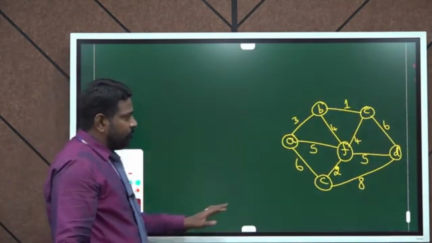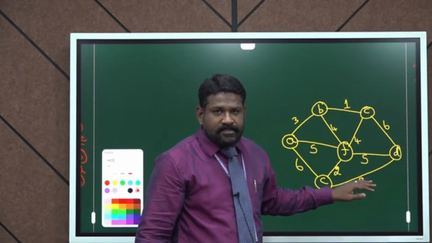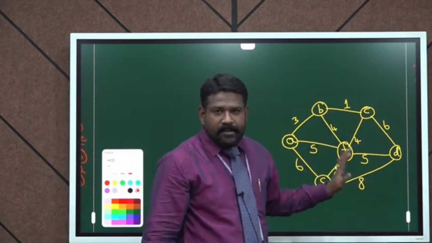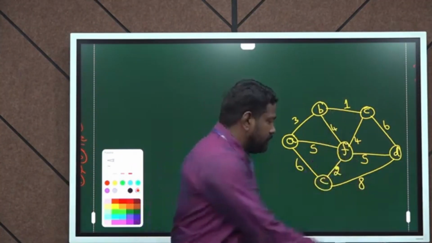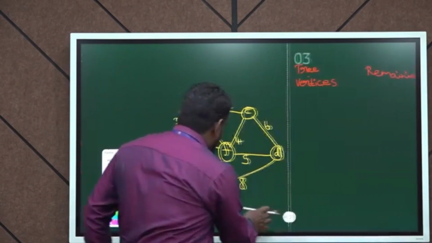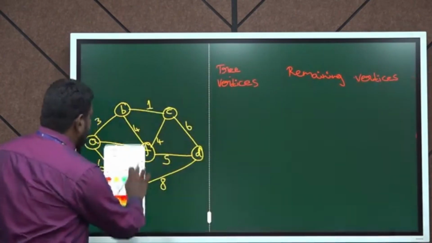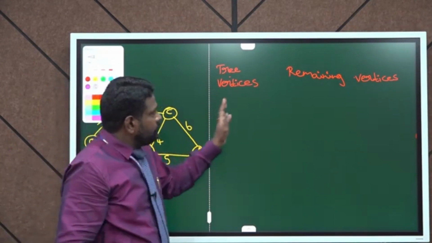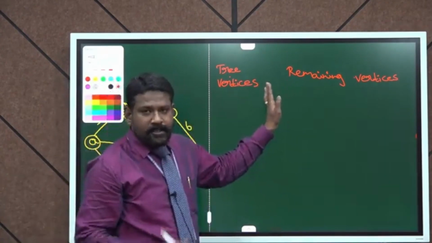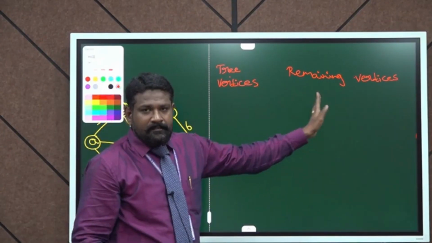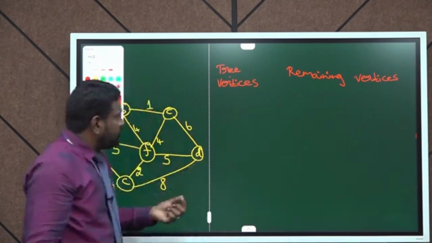So for our example we are going to consider this as the graph. It is a weighted, connected, undirected graph. So how we are going to solve this problem: here we are going to construct a table. From the table we are going to find out the minimum spanning tree.